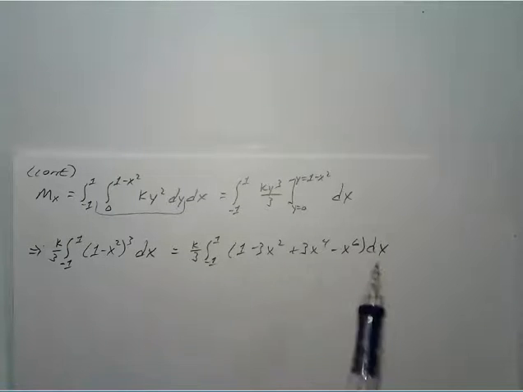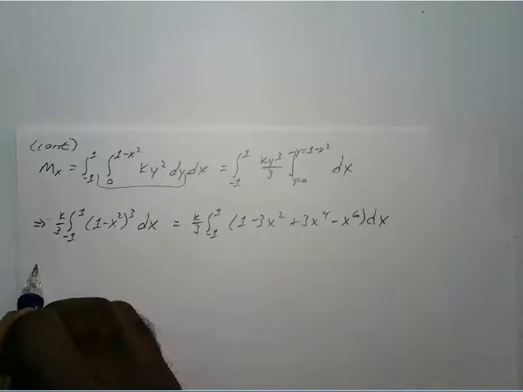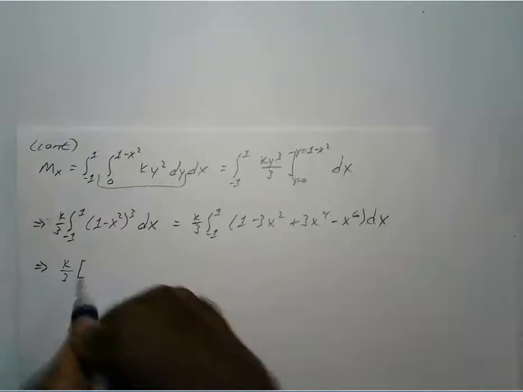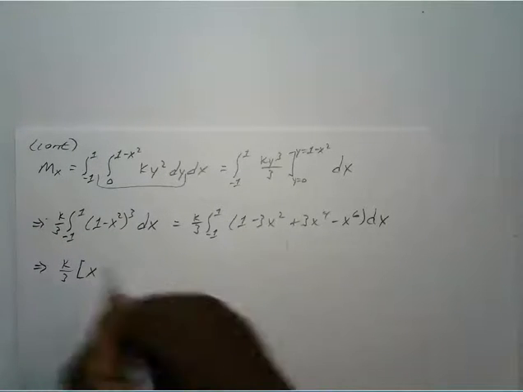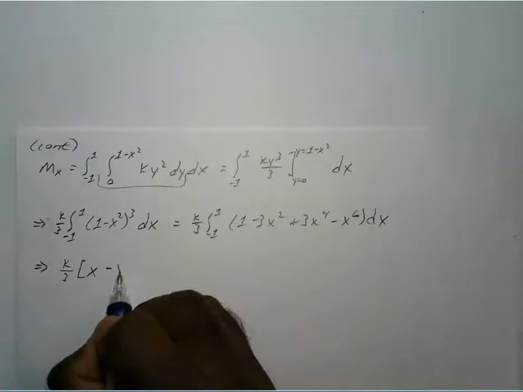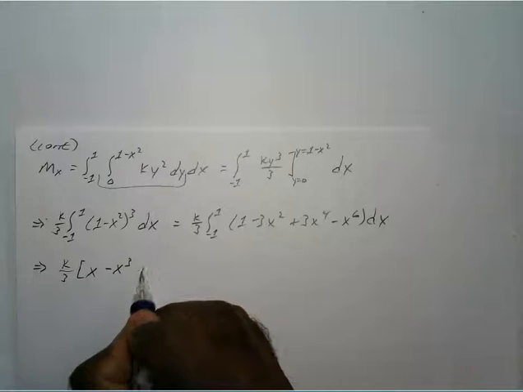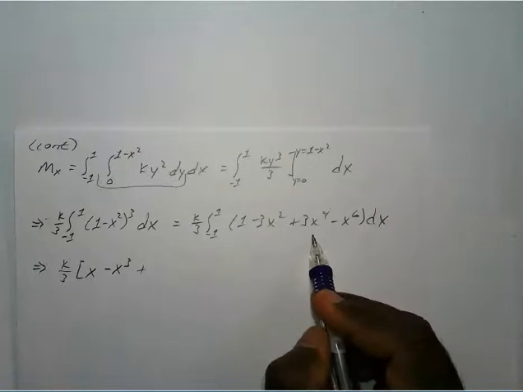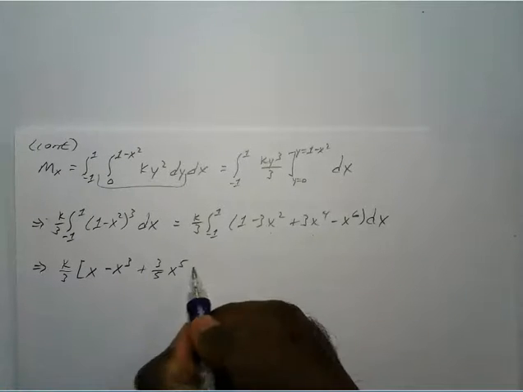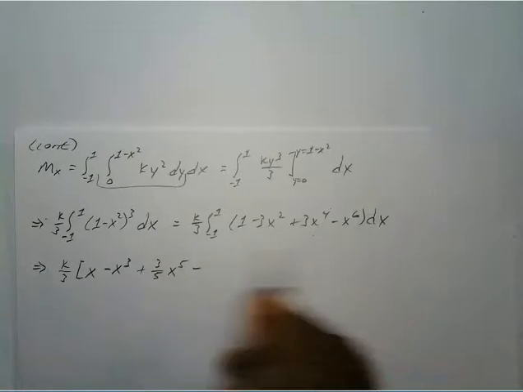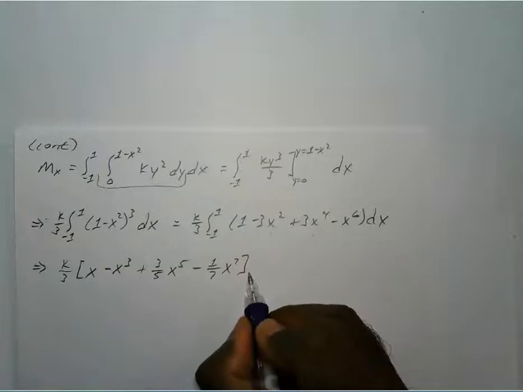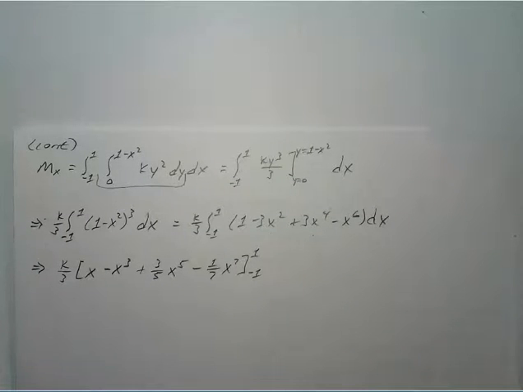Alright, so if we integrate each one of those terms, we end up with k over 3 times x minus, so we have x to the third over 3, the 3's cancel, that's minus x to the third, plus you have x to the fifth power over 5, so that's 3 over 5 x to the fifth power, minus x to the seventh power over 7, so that's 1 over 7 times x to the seventh power, and that's from -1 to 1.